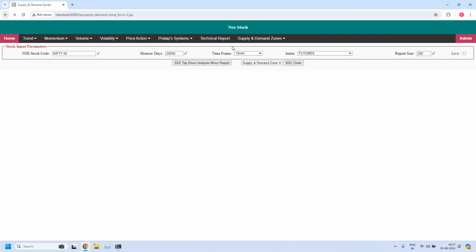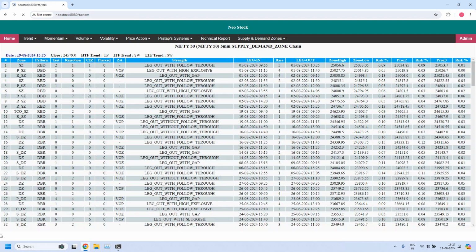And the next time frame is 5 minutes, generating the 5 minute supply demand zone chain for NIFTY. So this is about the NIFTY supply demand zone chain for different time frames.